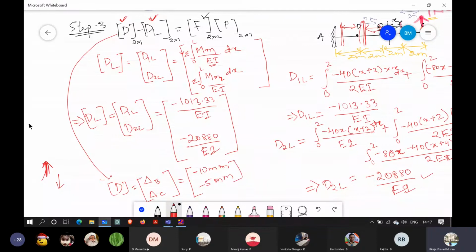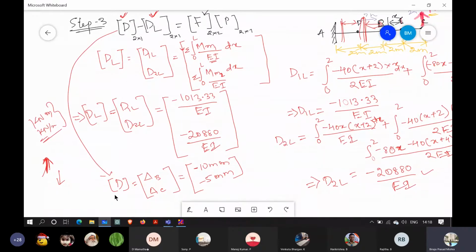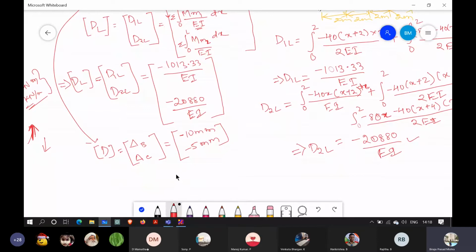But all our expressions are in kilonewton meter or kilonewton per meter, in kilonewtons and meters. So we need to convert mm into meters. So minus 10 mm equals minus 0.01 meters, and this is minus 0.005 meters.